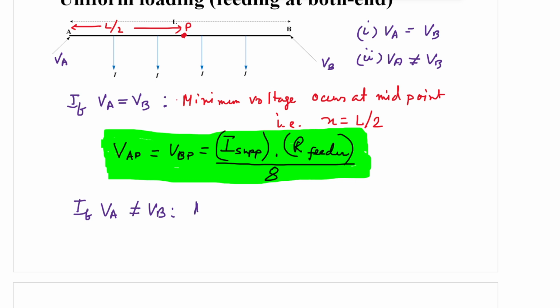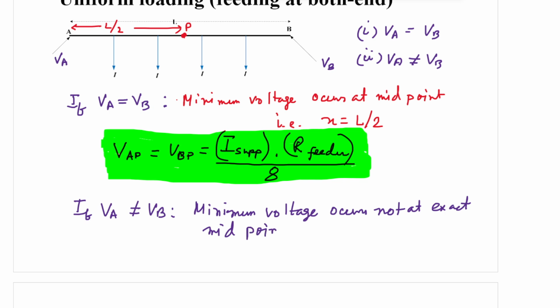Now the minimum voltage occurs not at the exact midpoint, but at some distance x.